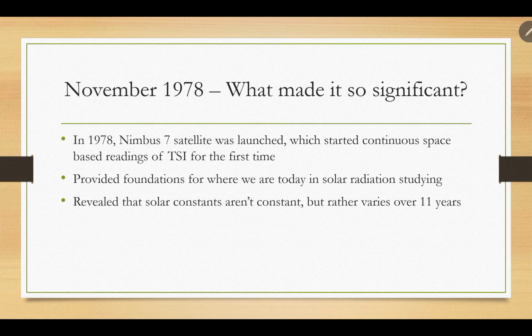And it also revealed that the solar constants aren't actually constant, but rather vary over 11 years, which is absolutely hilarious because you can imagine someone studying the solar radiance back then being like, huh, it's been the same weather for this amount of time, it must be consistent. And once they got the results back from this satellite, Nimbus 7, they're like, oh, it's actually not consistent or constant in the slightest bit. It's an 11-year span.